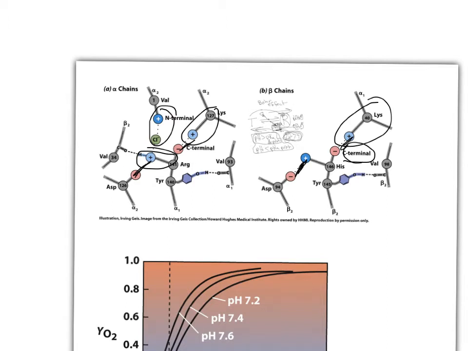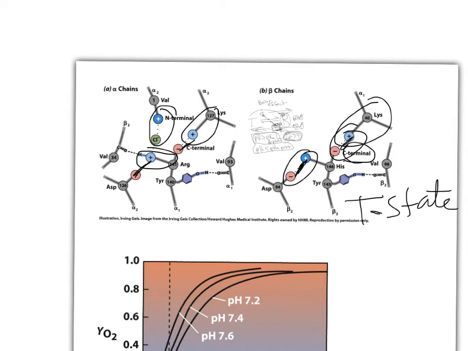Here's another histidine, aspartate. Those are making key interactions and stabilizing the T state, because those salt bridges are very favorable. So the T state is stabilized by those interactions.